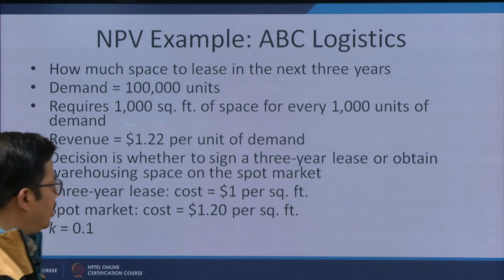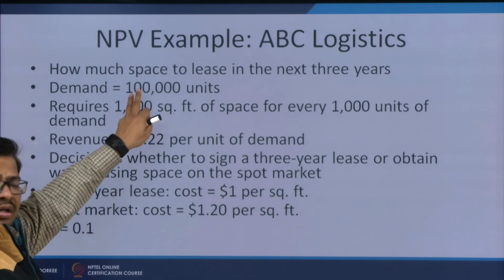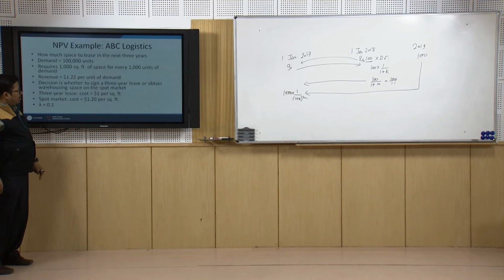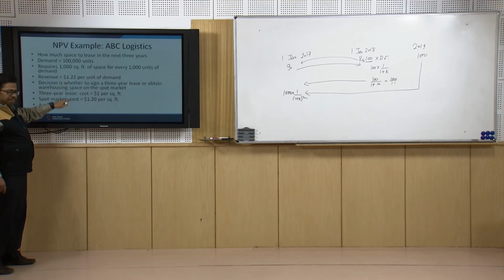The example is how much space to lease in the next 3 years. Now demand is 1 lakh units. It requires 1000 square feet of space for every 1000 units of demand. The revenue is $1.22 per unit of demand.